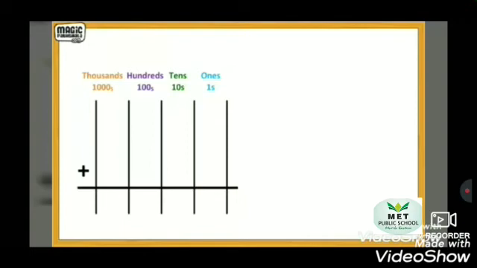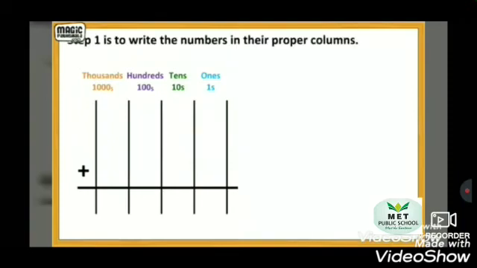Step 1 is to write the numbers in their proper columns. Starting from the right, we have 5 in the ones, 9 in the tens, 3 in the hundreds, and 2 in the thousands column. Then we have 7 in the ones, 5 in the tens, and 3 in the hundreds column.